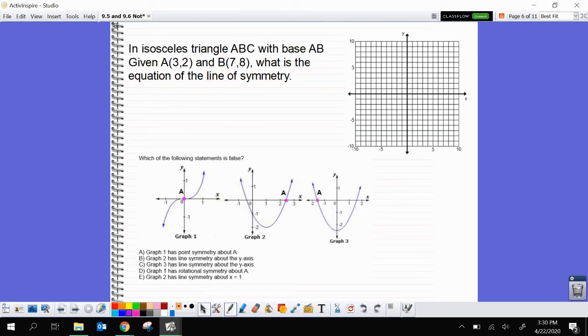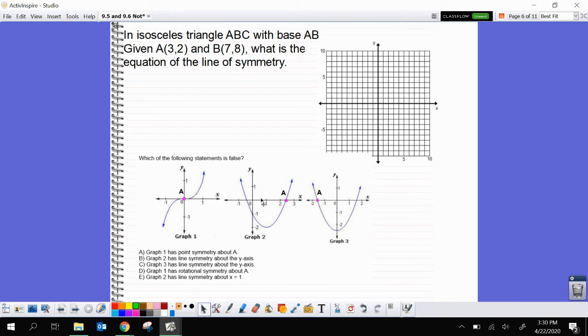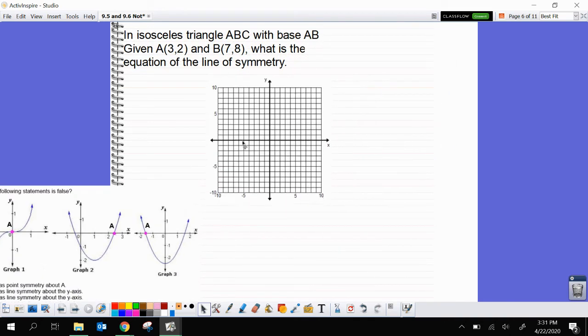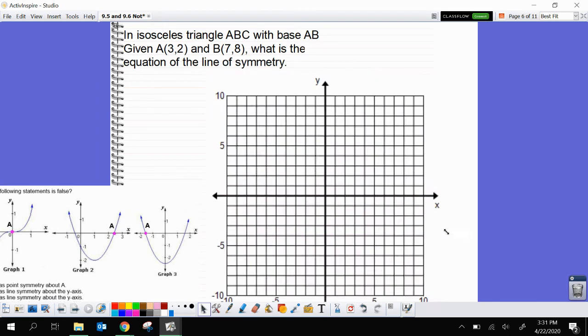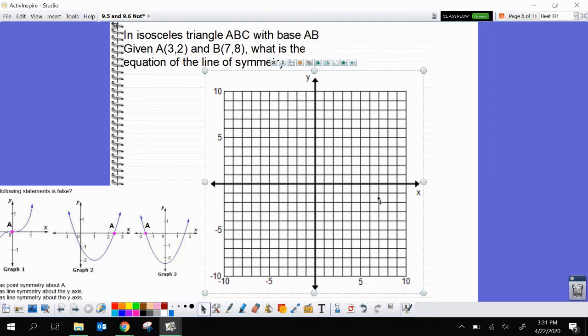Okay, this next question says we have an isosceles triangle ABC. I'm going to move some of this stuff so I can make this graph bigger. So ABC with base AB, given A is at (3, 2) and B is at (7, 8). What is the equation of the line of symmetry? I'll just walk through this one, may not do it all.